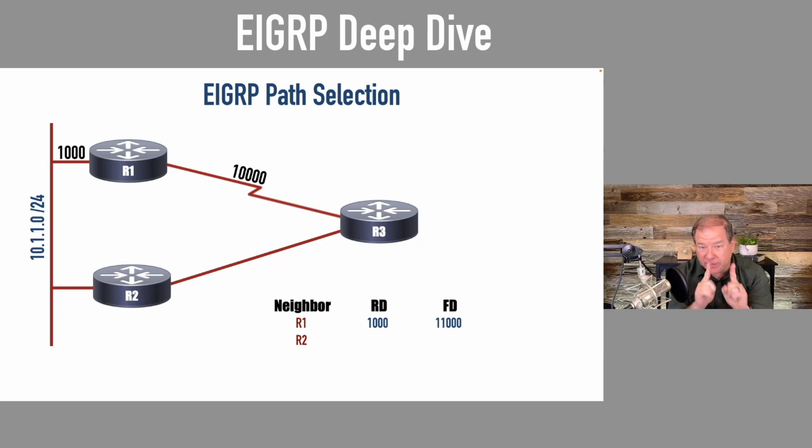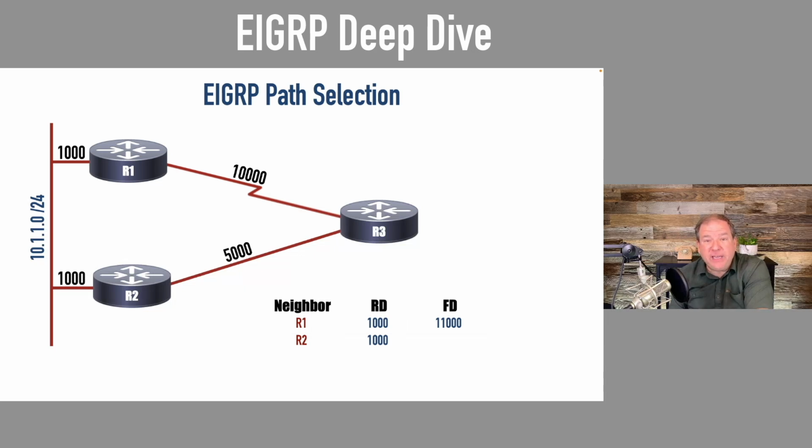So again, two different distances we're talking about here. What my neighbor is saying their cost is, that's the reported distance. The cost to get to my neighbor plus the reported distance, that's my feasible distance. R2, like I said, also has a cost of 1,000 to get to that network. And to get to R2, it's going to cost me 5,000.